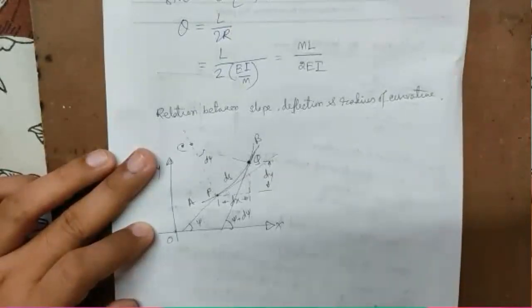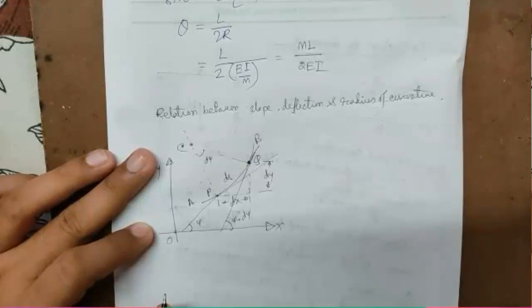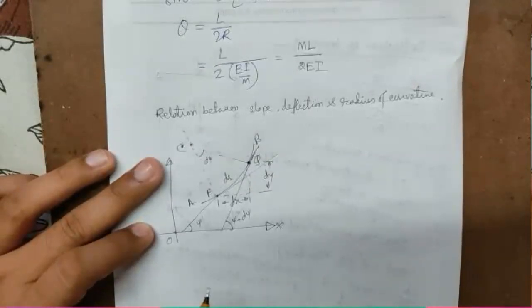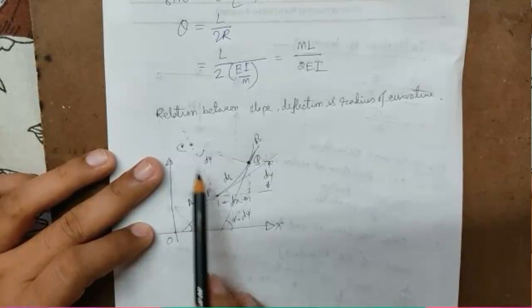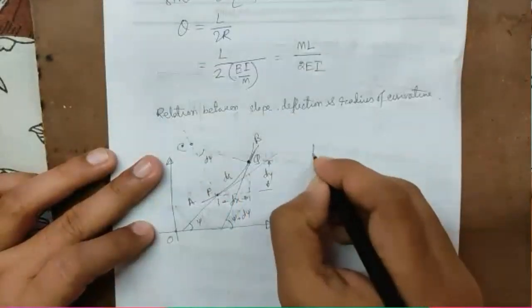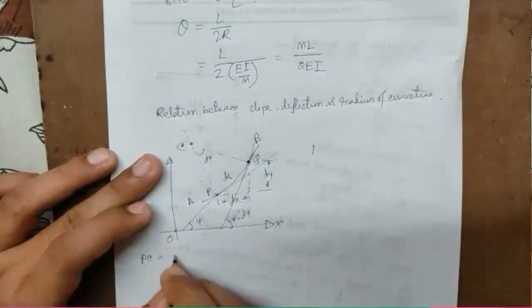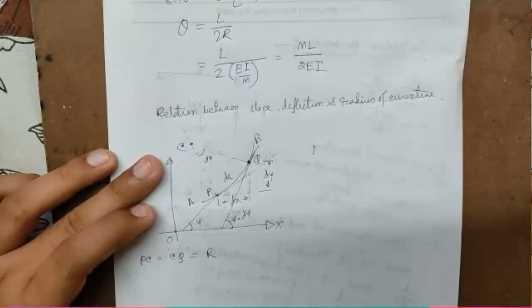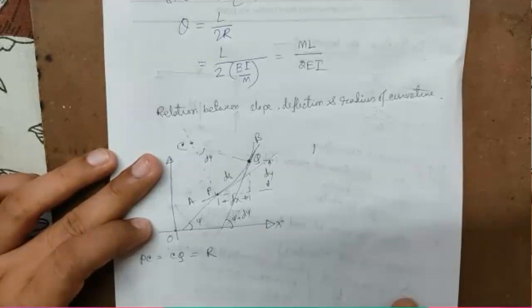So when the tangents at P and Q make angle psi and psi plus d psi with respect to the x-axis, their normals at P and Q will meet at C such that PC is equal to CQ, which will be equal to R. R is the radius of curvature and C is the center of curvature in the figure.